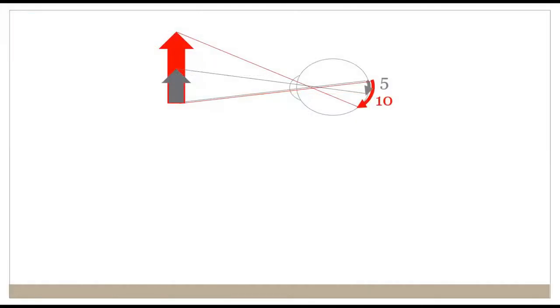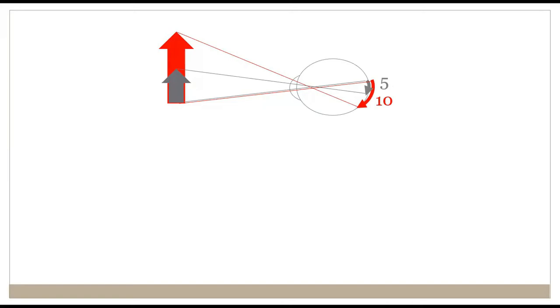Now, let's revise some very basic optics facts regarding the factors affecting the perceived image size or the apparent size of an object. In this schematic representation, here we have two objects. Both are located at the same distance from an eye. But we have here a small arrow, the gray one.